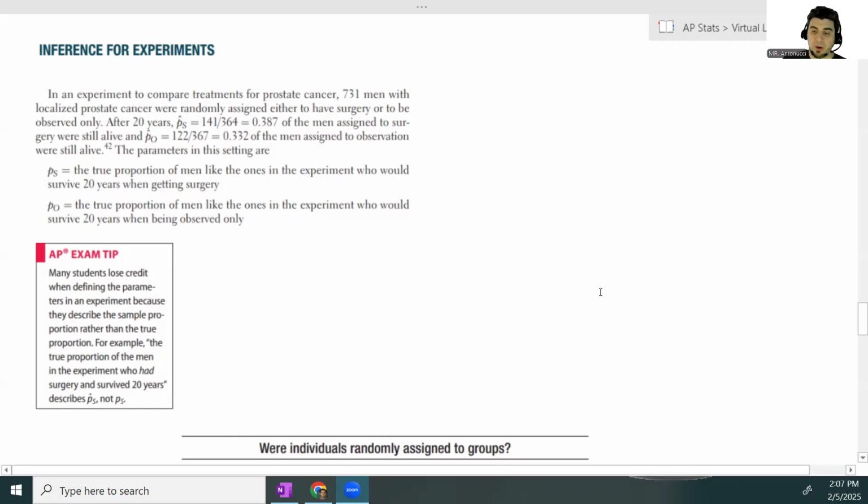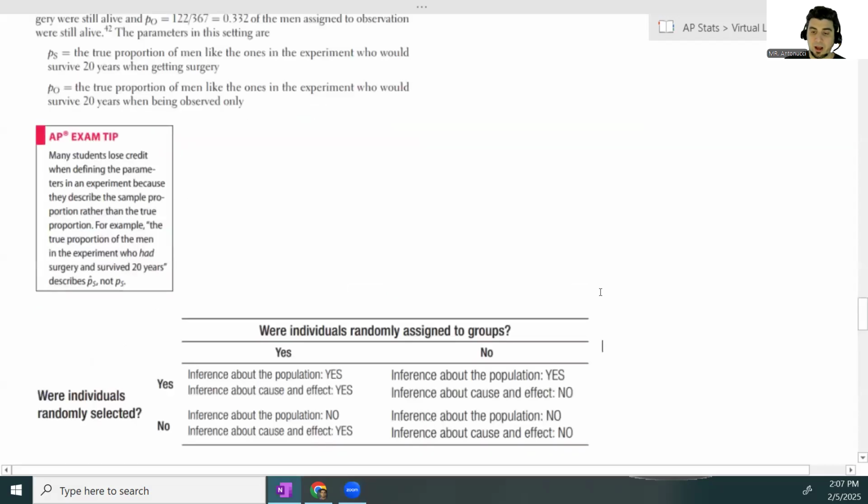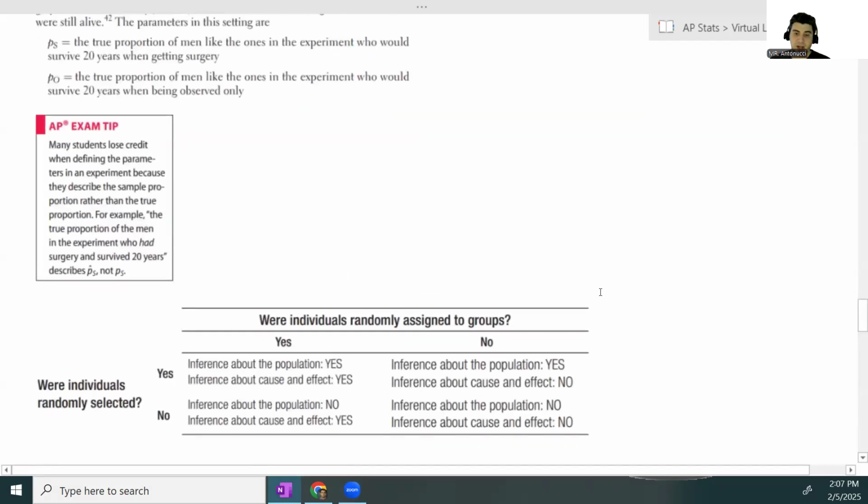Just a little note about inference, and we looked at this a couple chapters ago. You can have random selection and also random assignment. Optimally, you want to do both, because you can make inferences about the population and inferences about cause and effect.